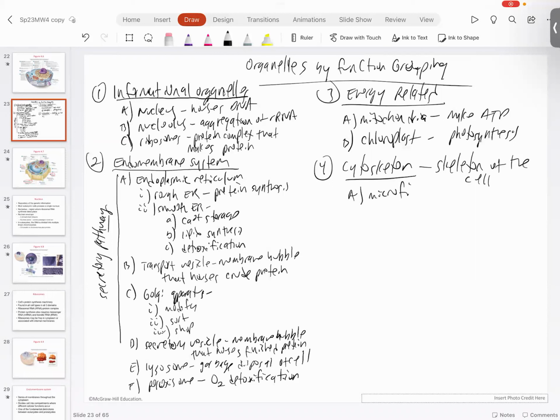So you have microfilaments, this is in order, intermediate filaments, and microtubules. All of these guys basically can be summed up functionally as support and locomotion.